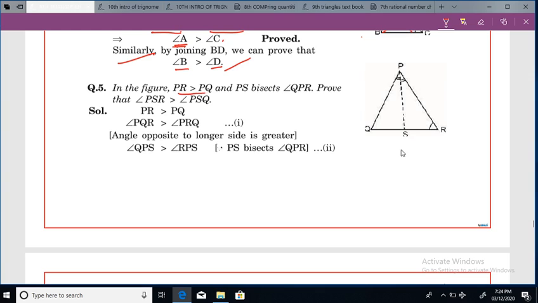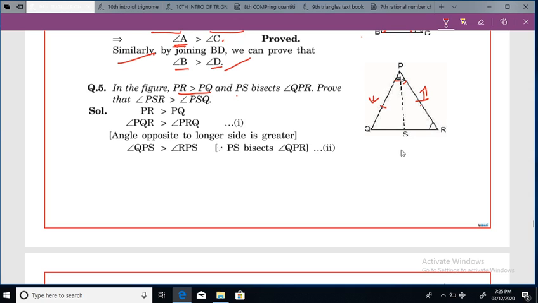So in that, PR is greater than PQ. It means PR is the largest side, PQ is the smallest side. Compare with both to each other. PS bisects angle QPR. Prove that angle PSR is greater than angle PSQ.